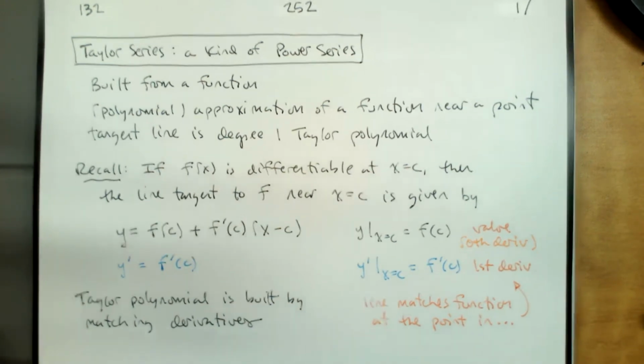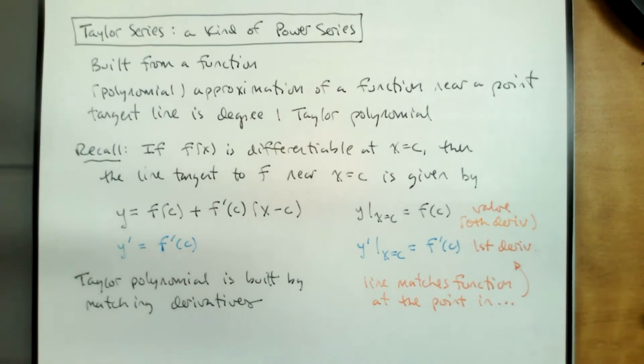The Taylor polynomial is built by matching derivatives. Tangent line, but keep going.